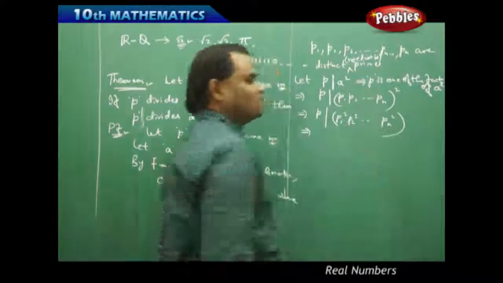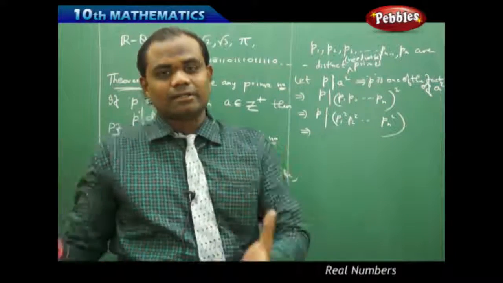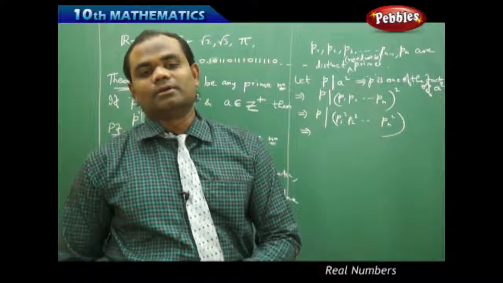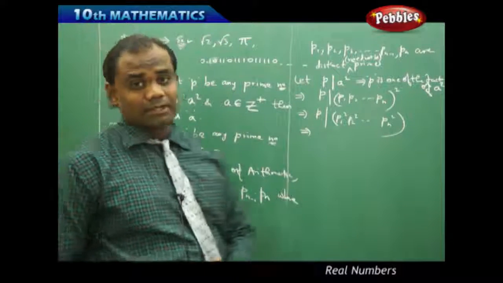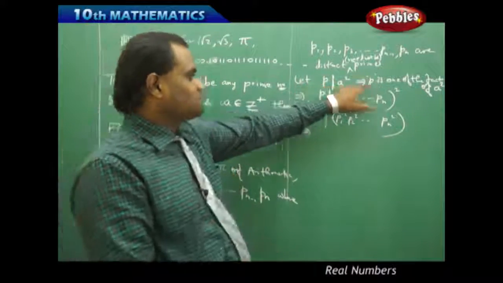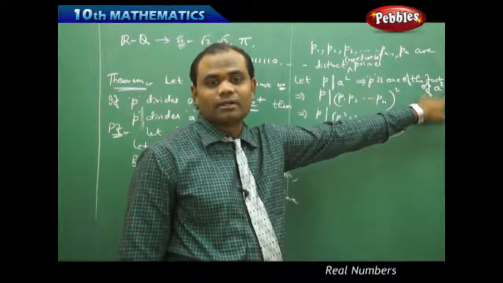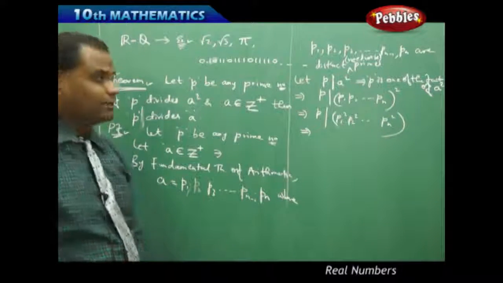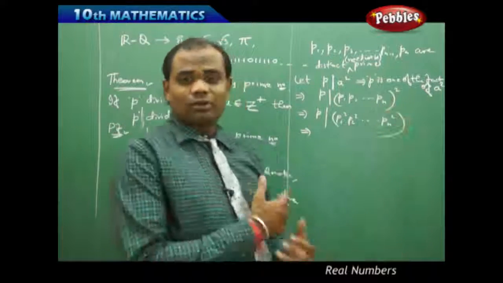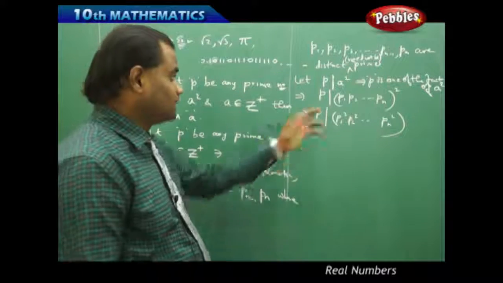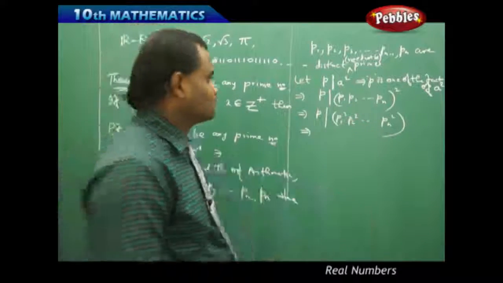When I say a number divides another number, that number is said to be one of the factors of the given number. So if I say A divides B, A is one of the factors of B. Therefore P divides a square implies P is one of the factors of a square. But a square is already made of different factors p1, p2 till pn. Therefore this P must be one of p1, p2, p3 or pn, when I take the square separated.